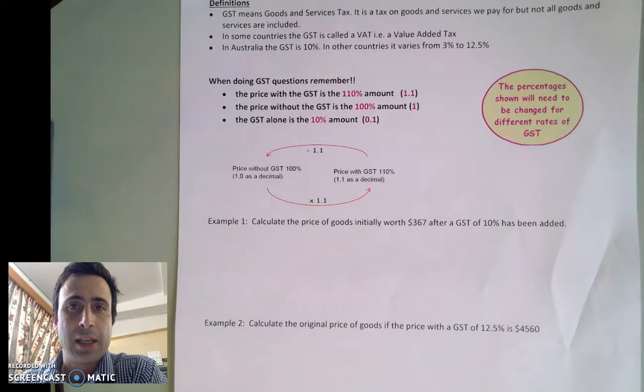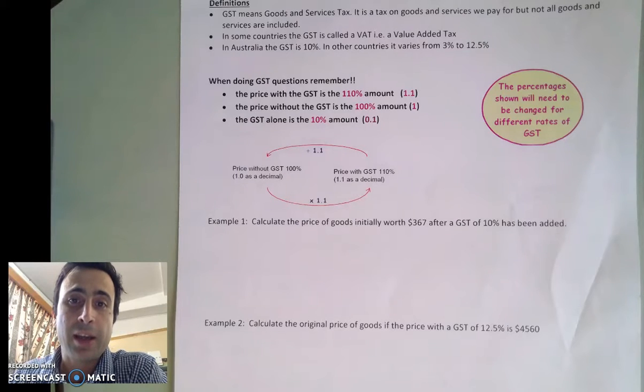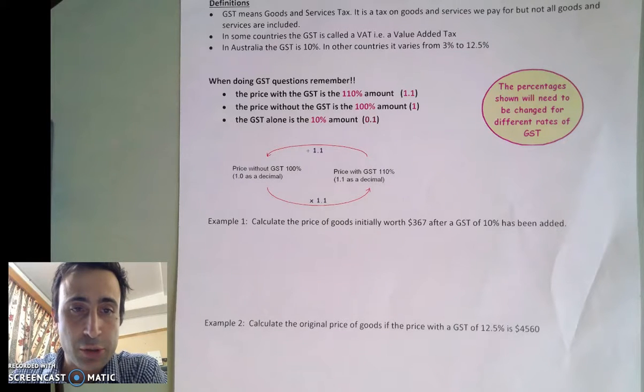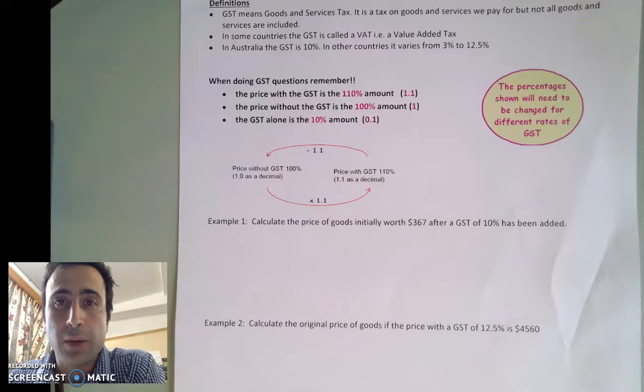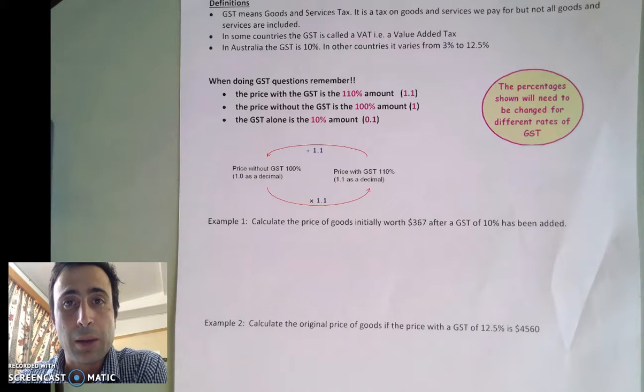In other words, when you buy something, it's a tax that's put on top of all the goods we buy. And in Australia, if you buy, for example, any luxury item, anything that's not food or educational, you pay 10% extra on top of what it's worth.